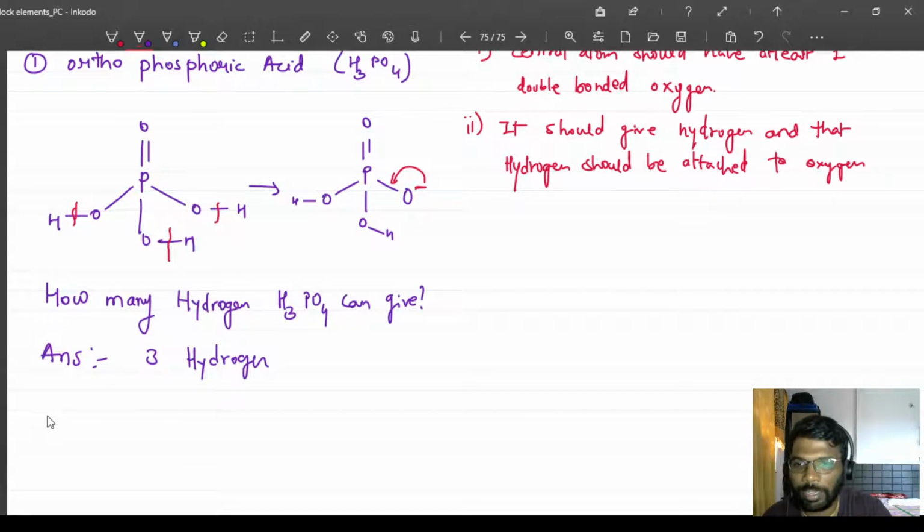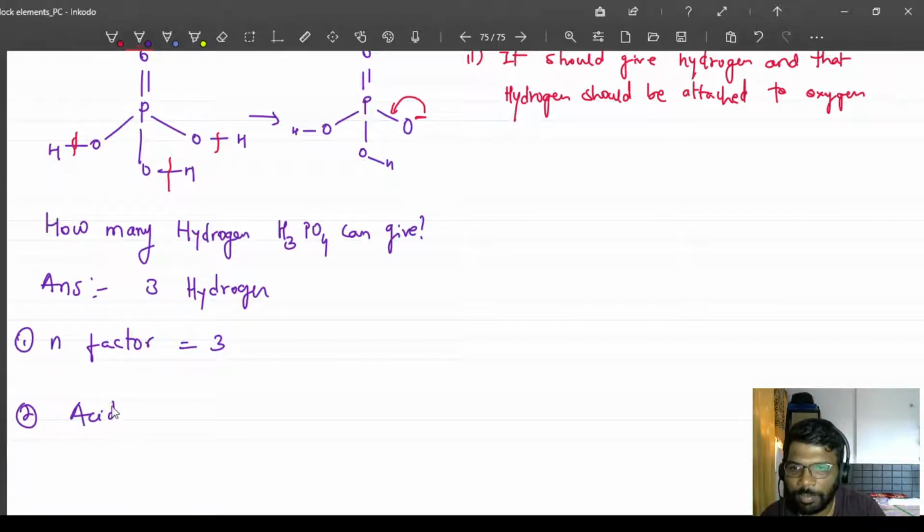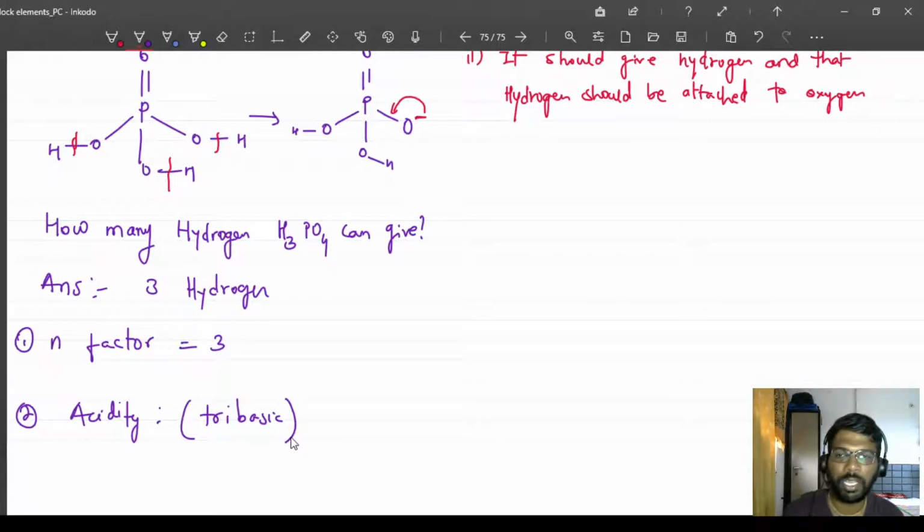So the n factor over here is equal to 3. Second thing is acidity: since it can give 3 hydrogens, it is tribasic.